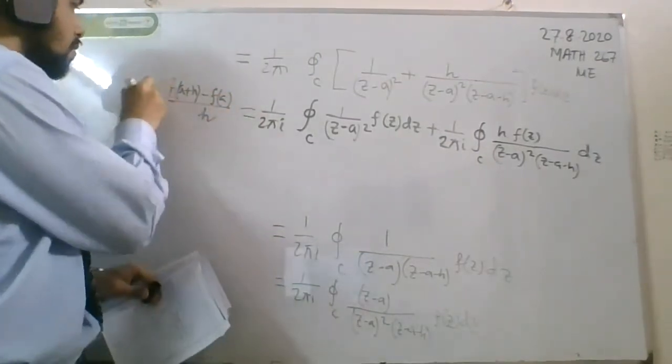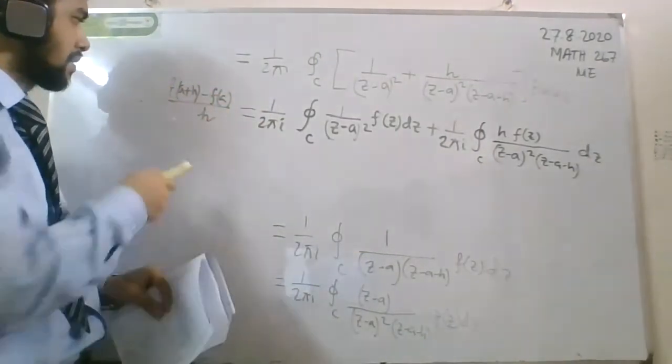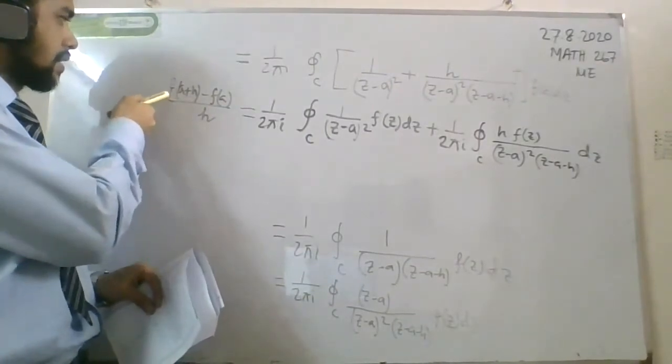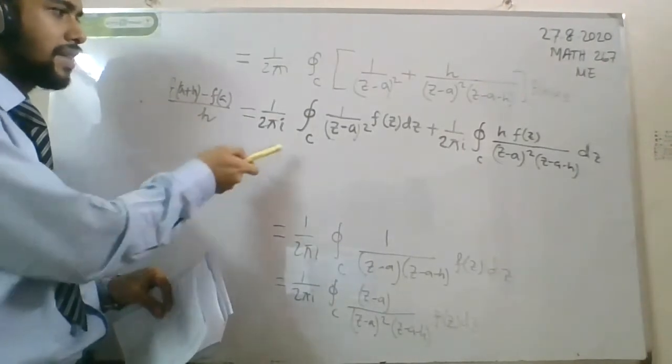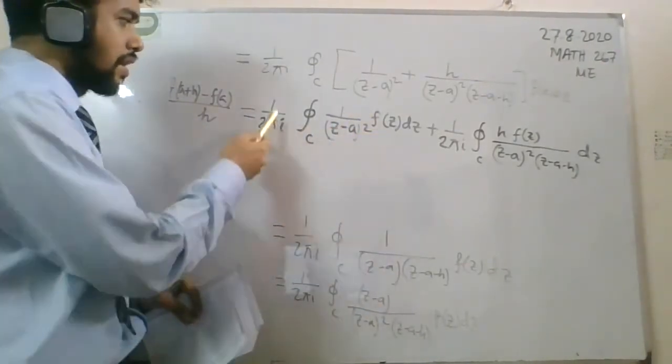Okay, so what we have gotten, f(a+h) minus f(a) divided by h can be written in this way, which is 1 by 2 pi i.